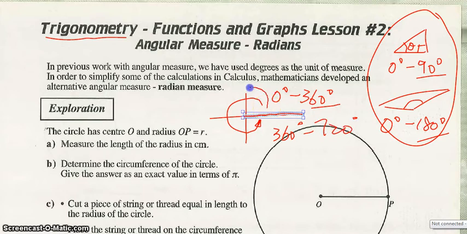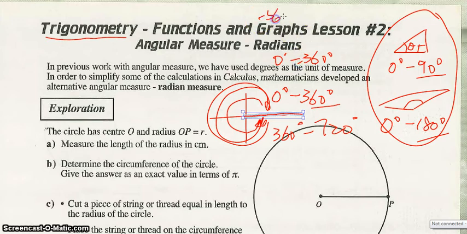You just keep going one more round. And then you can also go backwards. You can also go from 0 to negative 360 degrees, or from negative 360 to negative 720 degrees. So you can keep going. This way you cover all the possible angles.